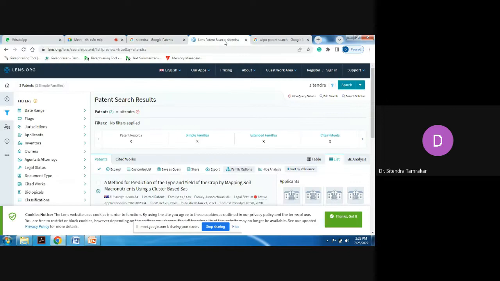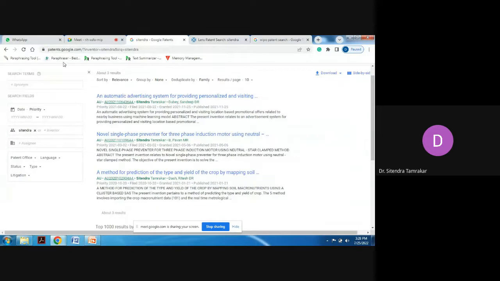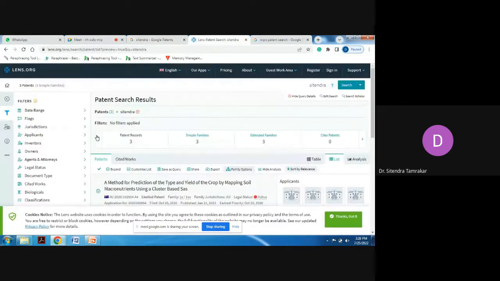The other category is the Lens. So you can note it down: the links patents.google.com, and the Lens. The Lens is a very good website for academicians. If you are a technical person, you need to go for it.